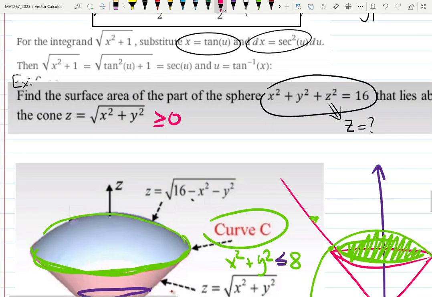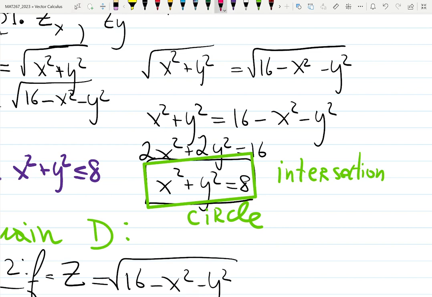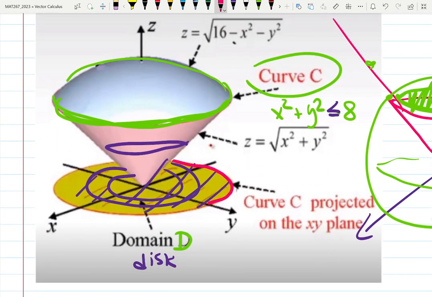Oh, the inequality. Let's see. So when I solved at the very end, it was 2 equals 16, and divided by 2, I got 8. That is a circle. The circle is the biggest line of the shade, but I need all of it, not just the outside.